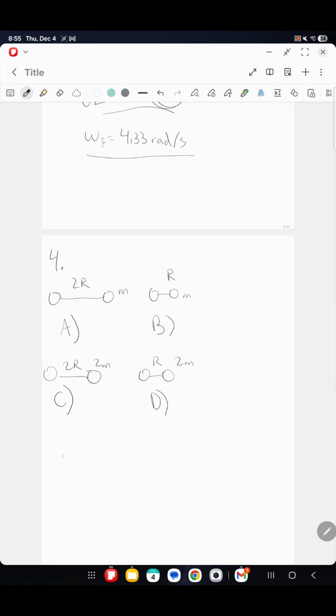So here, what you're going to want to do is use this equation: the angular acceleration is equal to torque divided by the moment of inertia. The torque will be the same in all cases, so torque will be constant.